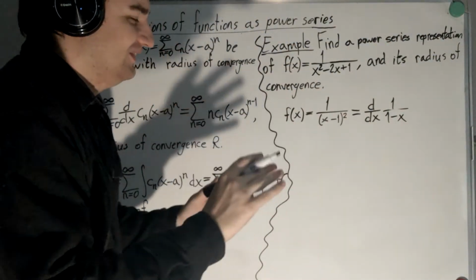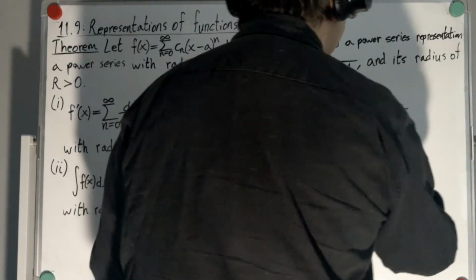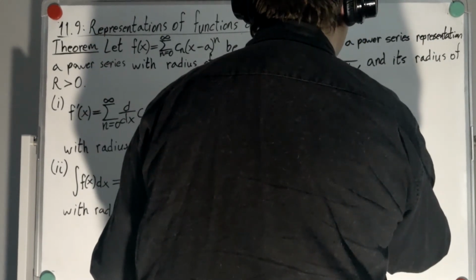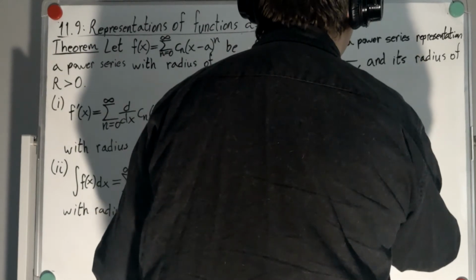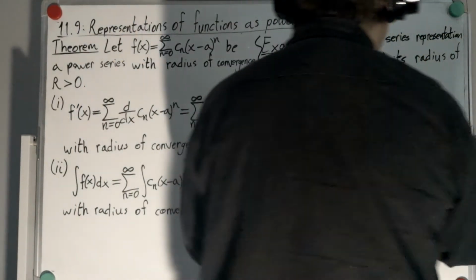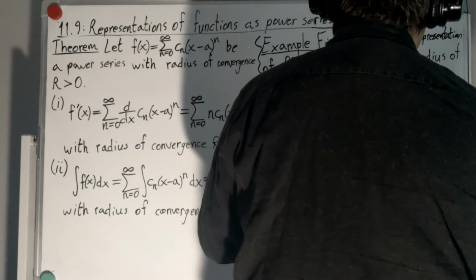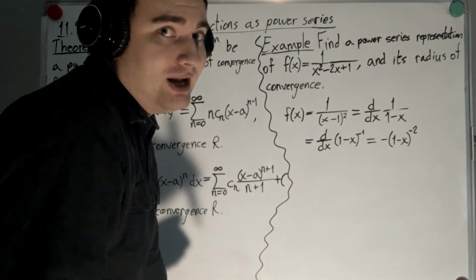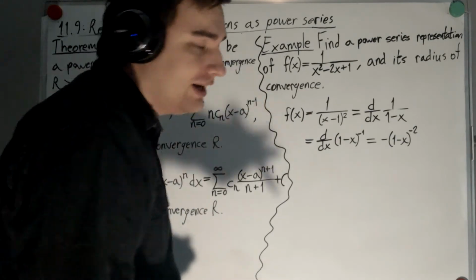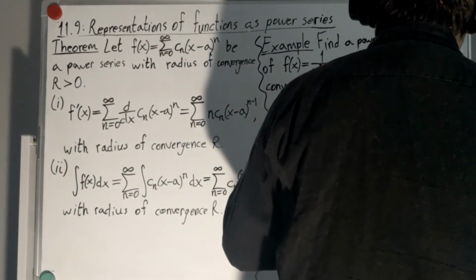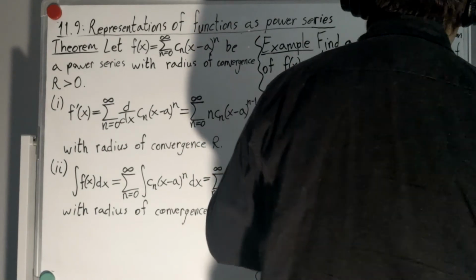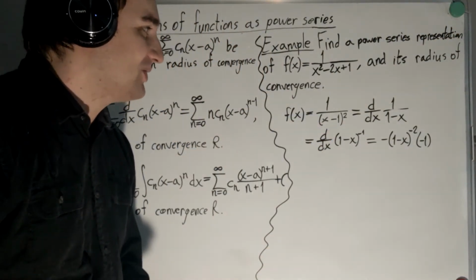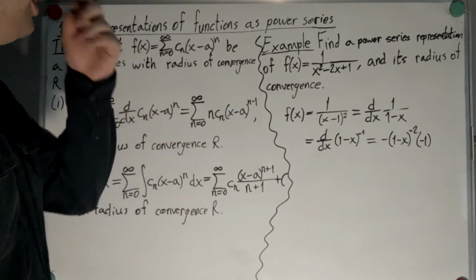Okay, what's going on here is this is the derivative of (1 minus x) to the negative 1, which is negative 1 times (1 minus x) to the negative 2, and then by the chain rule, we have to multiply by the derivative of 1 minus x. This happens to be negative 1, and so the negative signs cancel, and so we just get this. Okay, don't know why that was so hard for me.